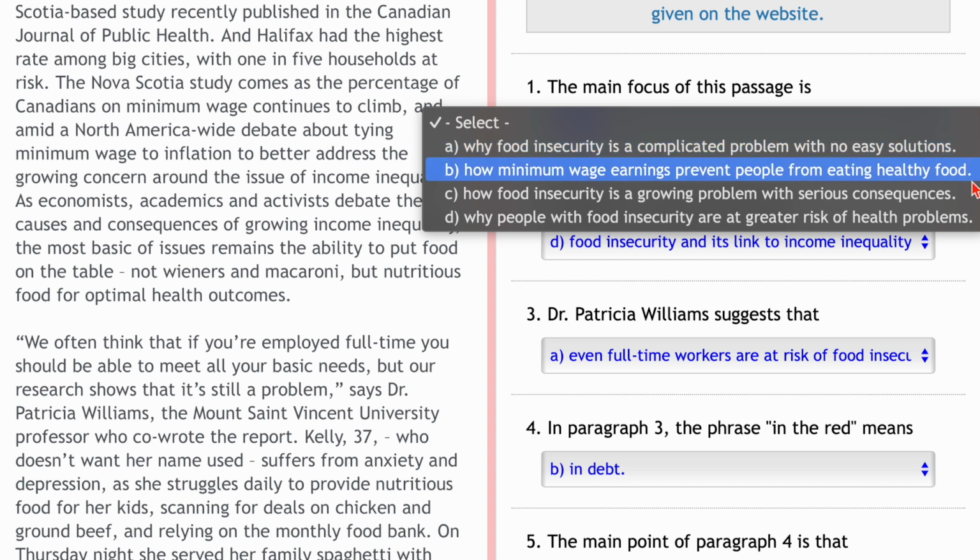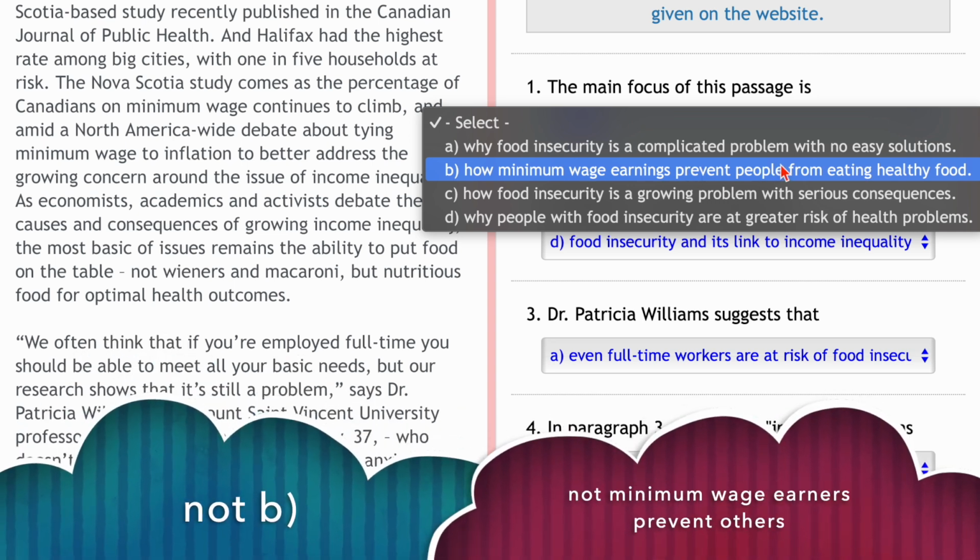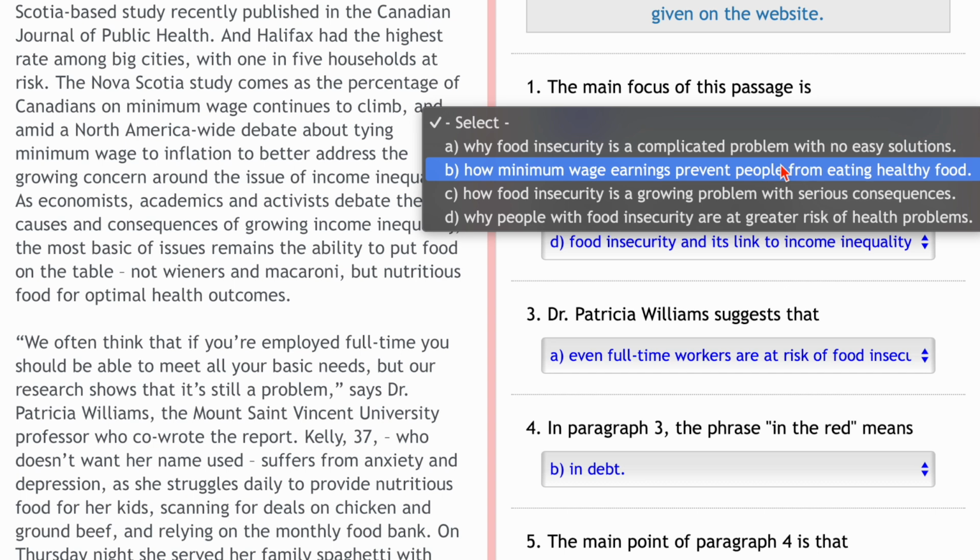Also, it's not B because it doesn't say that minimum wage earners prevent people from eating healthy food. It doesn't say that they prevent. No, it's a mix up in words there. It could be minimum wage could prevent low income people to eat healthy. Okay?